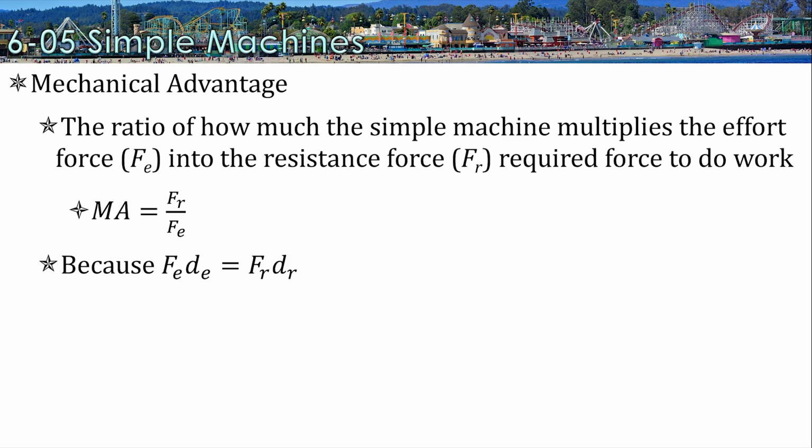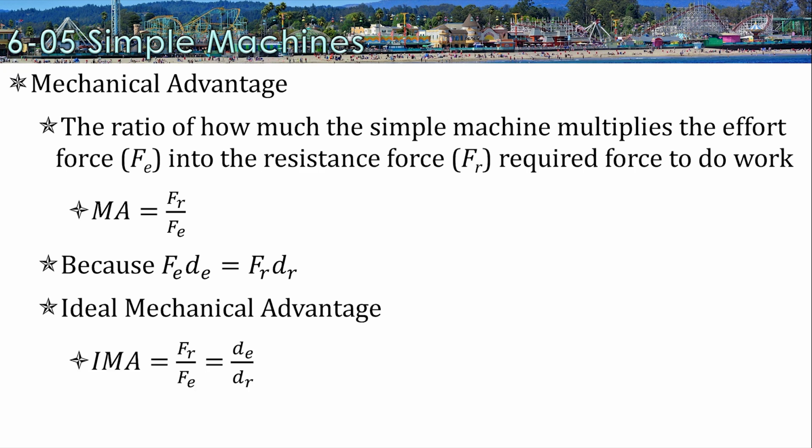But because the total work is the same, we can turn this into a ratio. Ideal mechanical advantage would be resistance force over effort force, which would equal effort distance over resistance distance. Notice the R's and the E's have flipped places, because the F and the D are inversely proportional to each other.